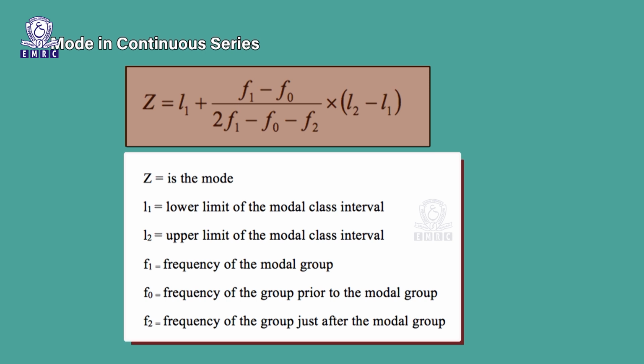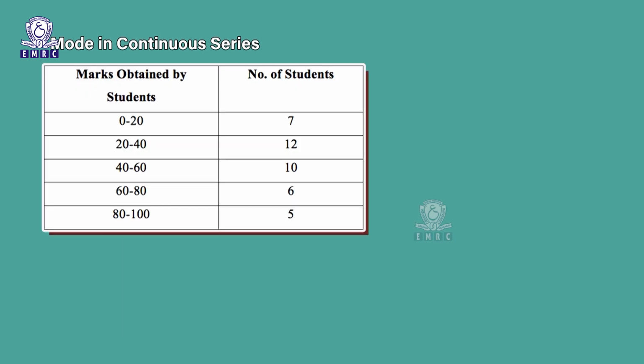Now, let us take an example to understand how to calculate the modal value for the continuous series. There are 40 students who have written research methodology exam, and the marks obtained by the students have been given. There are 7 students who have secured 0 to 20 marks.